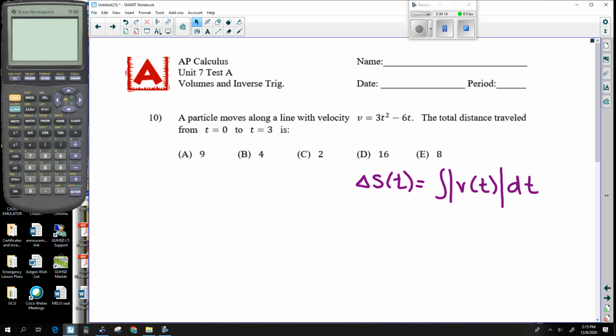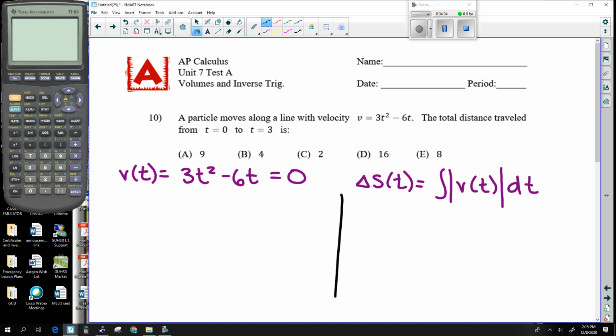All right. So what does that mean? So it's all fine and dandy if you have a calculator. And I'm kind of pretending like we don't. And so what I want to know is, when is this velocity equal to 0?